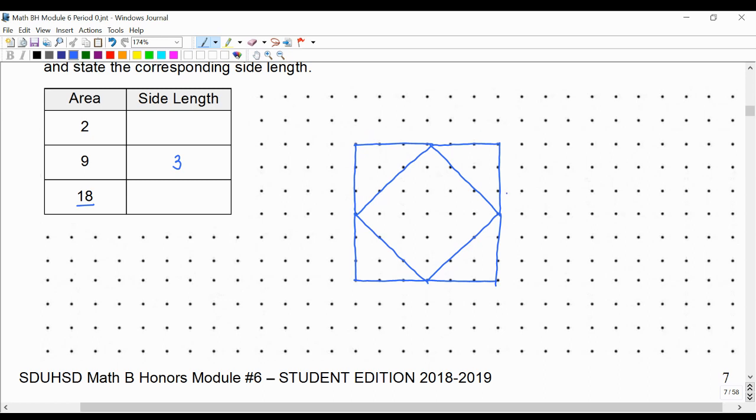And the area of the bigger square, 2, 3, 4, 5, 6, is 6 squared. And what we're going to do is we're going to take away the 4 right triangles. And if we didn't get the 18 that we were after, then maybe we will make the overall square slightly bigger or smaller to accommodate for this.